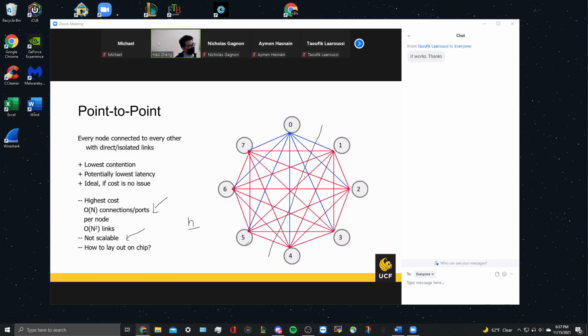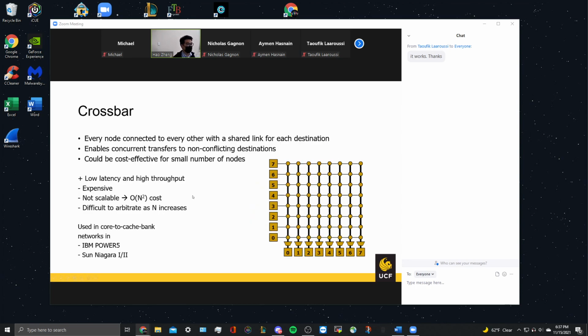It's impossible. And you have 1,000 squared links, which means add 3 more zeros, so it's 1 million links. Basically it's impossible, so this is not a scalable way to implement point-to-point topology.